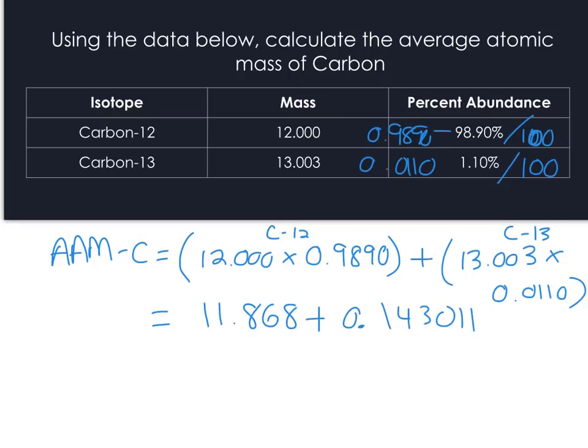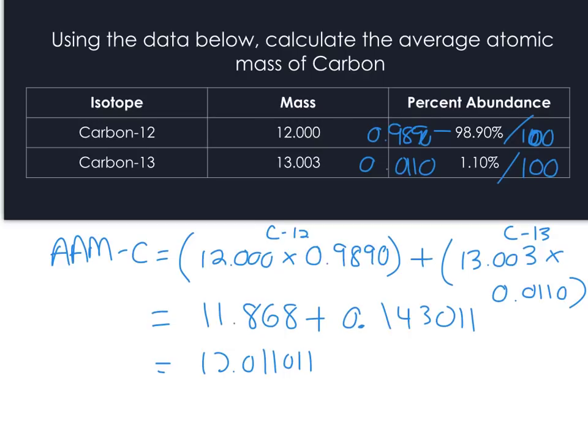Now I'm not rounding these at all yet. I'm putting down exactly what my calculator is telling me. Then I'm going to add those two together: 11.868 plus 0.143033, and I get a value of 12.011033.